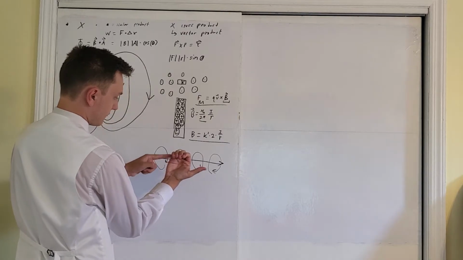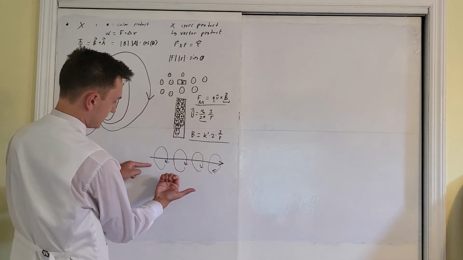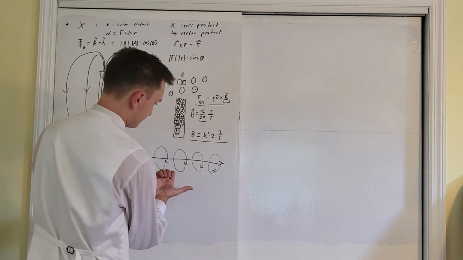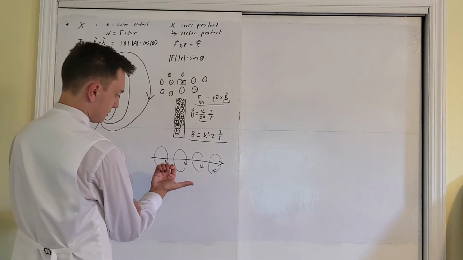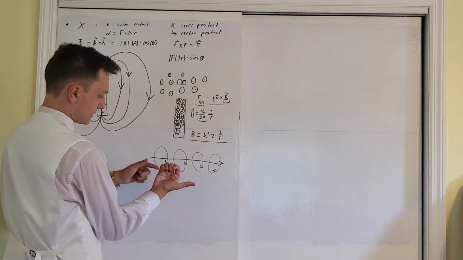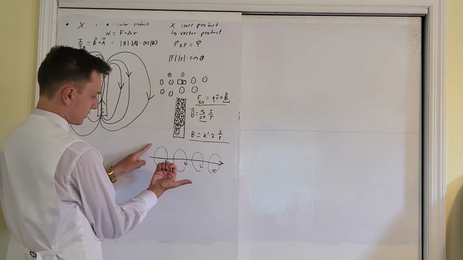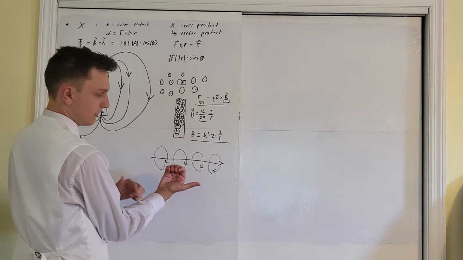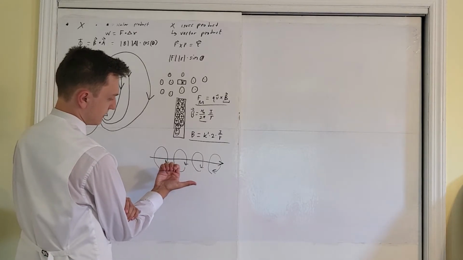Therefore, the curvature of my hand points in the direction which the magnetic field points, okay? So since my fingers are curving this way, the magnetic field curves this way, such that the direction of the vector is the direction which the tips of my fingers are pointing, as can be seen here.